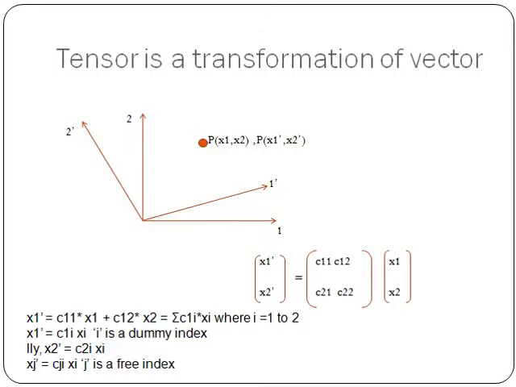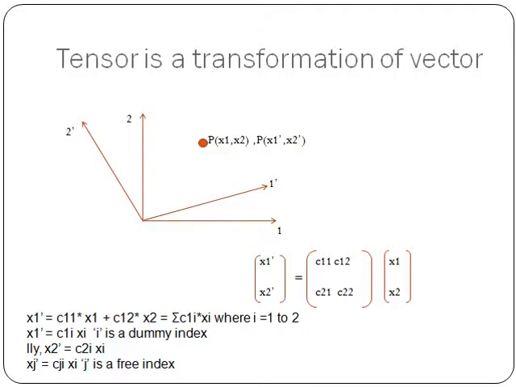In the other axis system 1 dash and 2 dash, the point is x1 dash and x2 dash. So you can write x1 dash, x2 dash equal to a matrix called C, Cij into xi: C11 C12 C21 C22. This may be some relation.